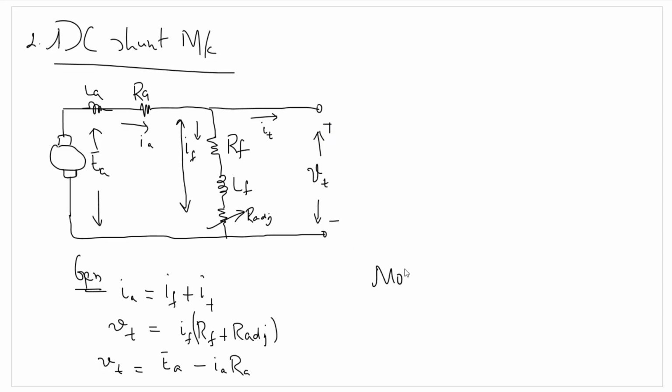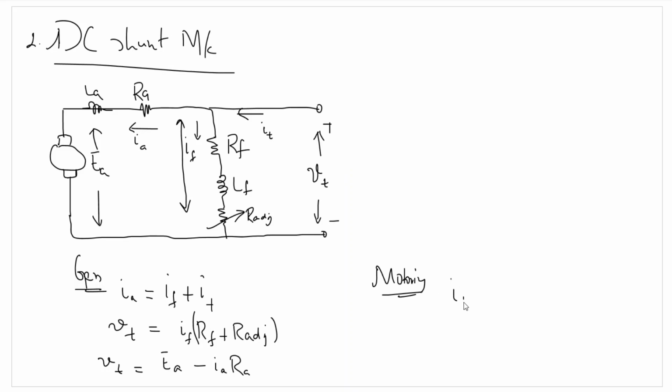Now for the motoring mode, the only difference is we'll be showing the direction of current IA like this. IA will be in this direction, as well as IT will be in this direction.